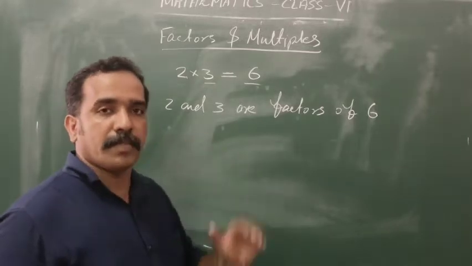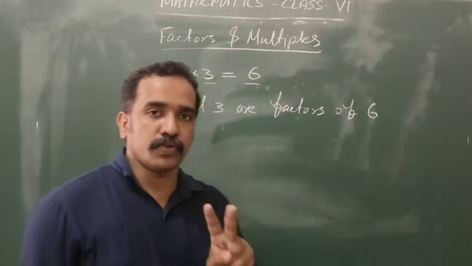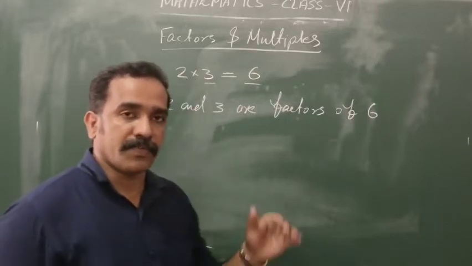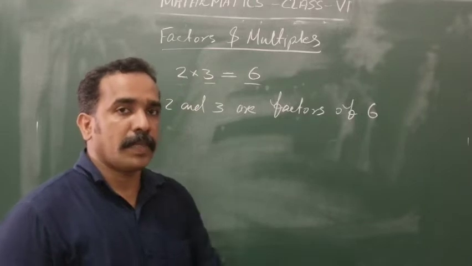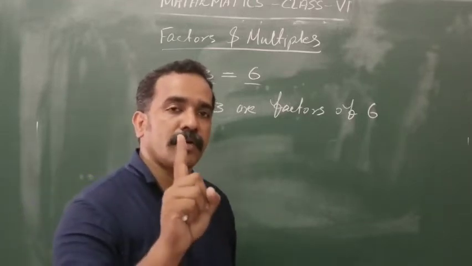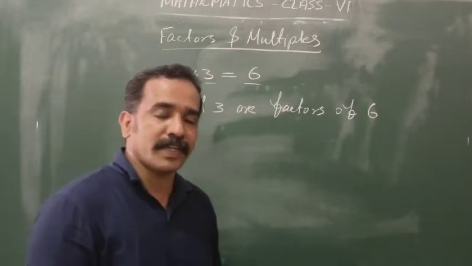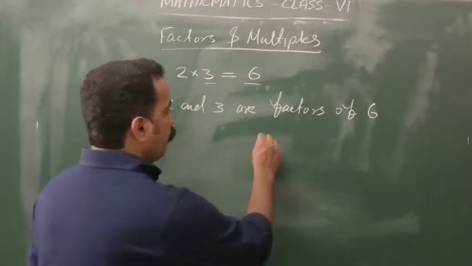So for every number we can find factors; at least 2 factors we can find in the case of every number. We are going to study this in detail. But there is one number that has only one factor. Do you know which number that is? That number is 1.